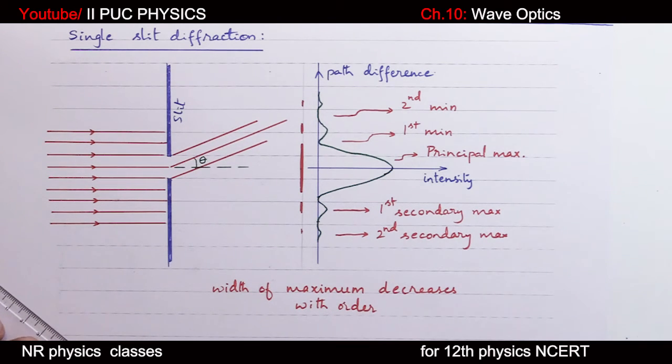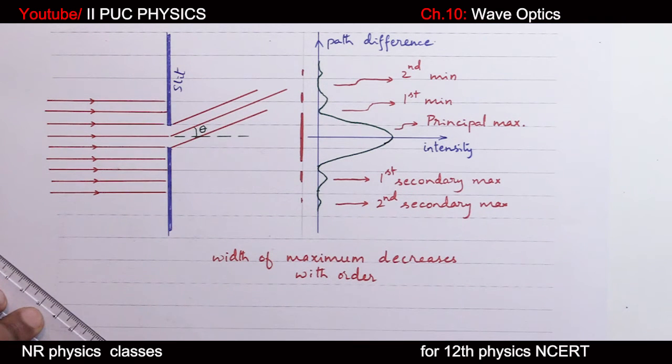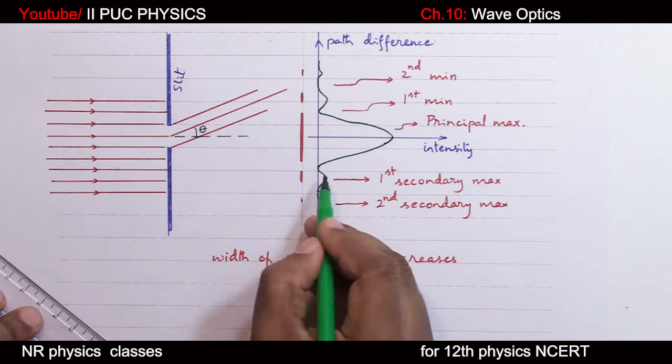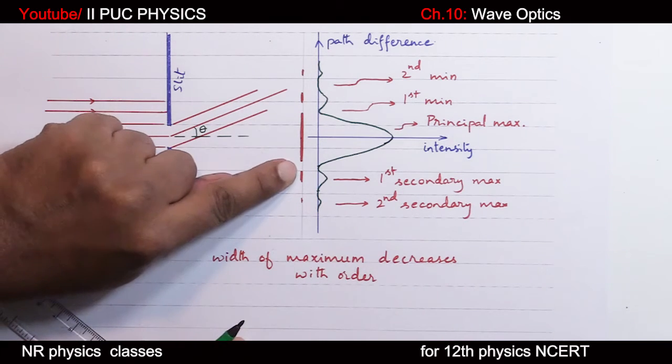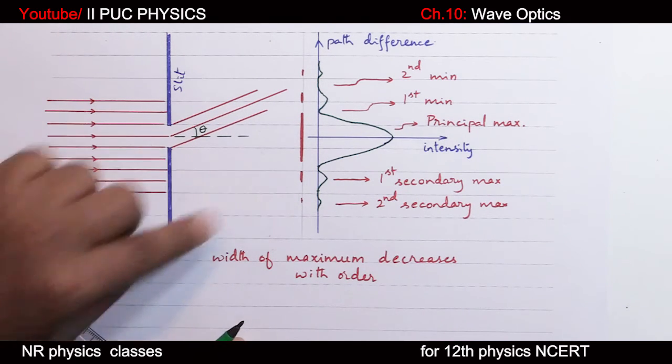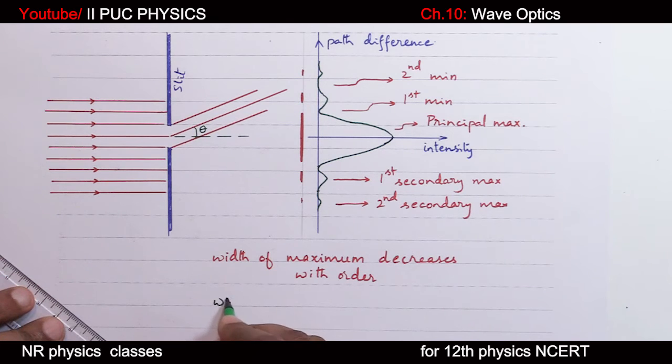Okay. Similarly, the width of minima, if you observe, the width of the dark region increases. The width of minimum increases with order.